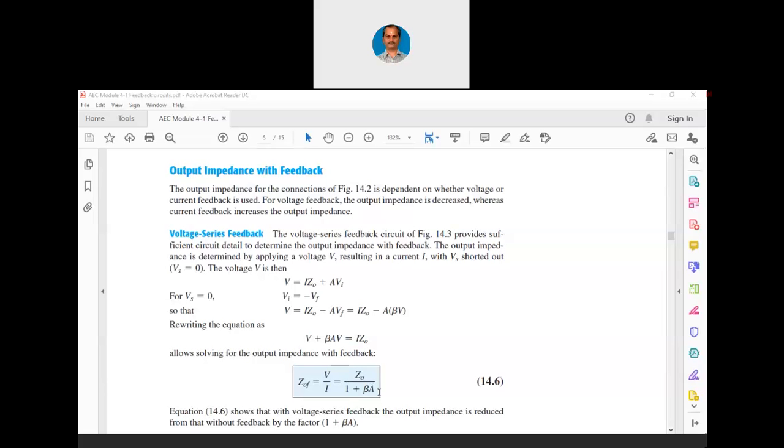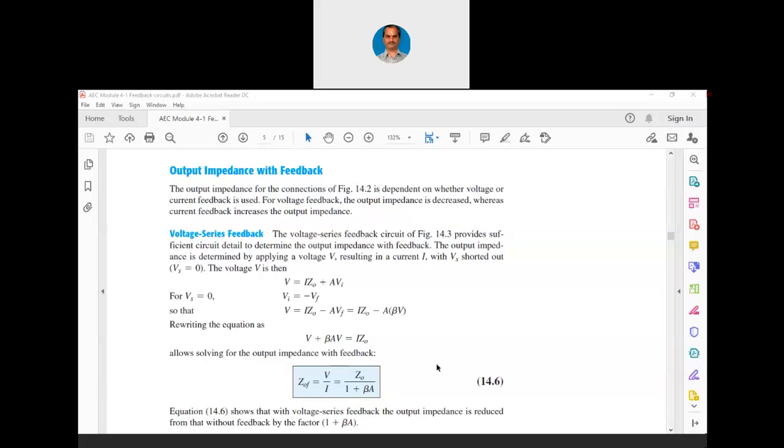Once again, I have been telling you that we will keep getting this term 1 plus A beta again and again in all the derivations. In whichever way, whichever amplifier, whichever type of feedback we use, we will always keep on getting this particular expression.